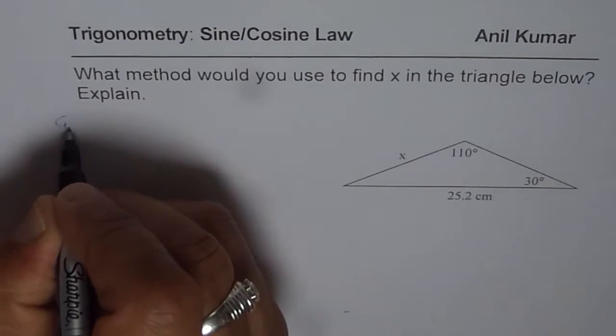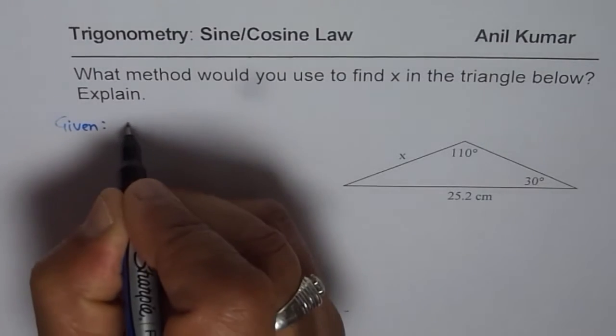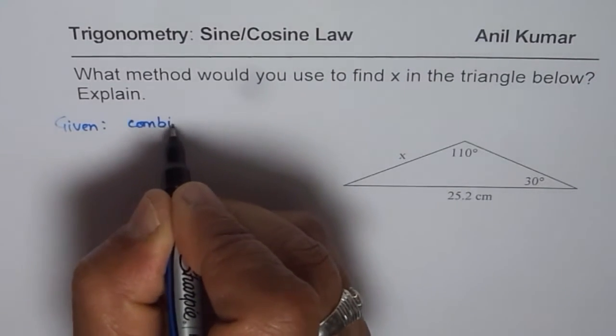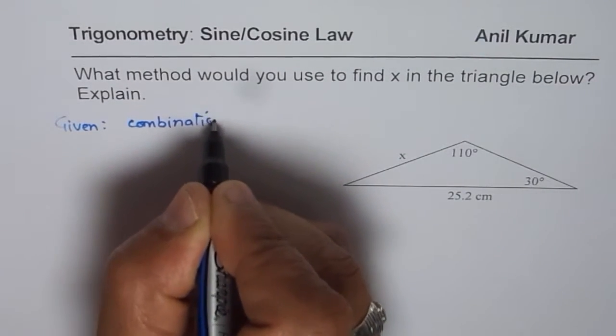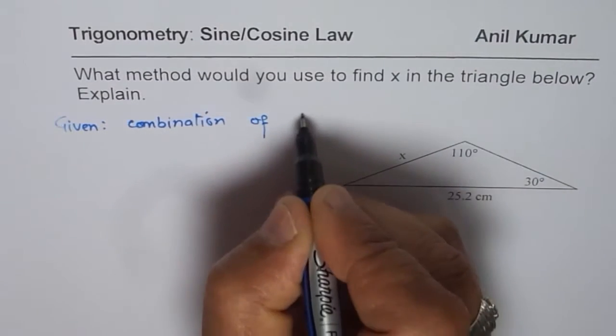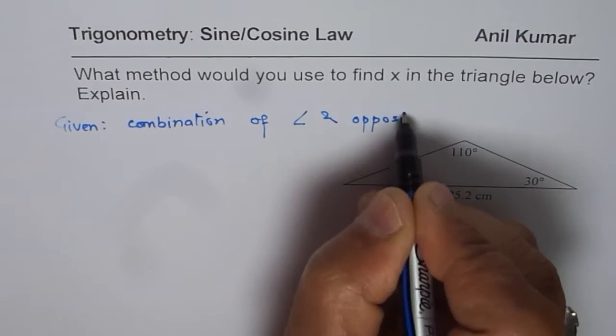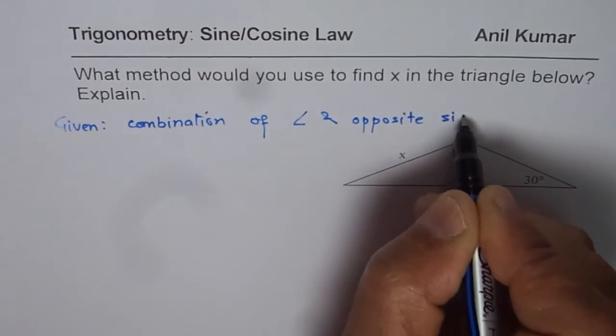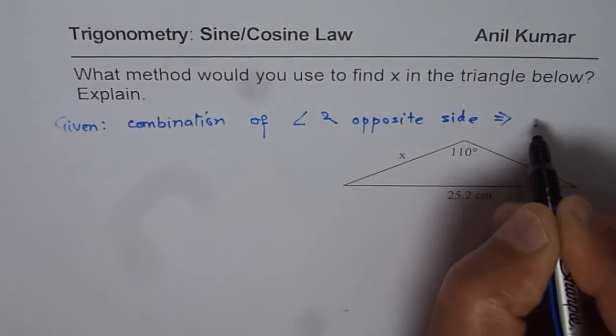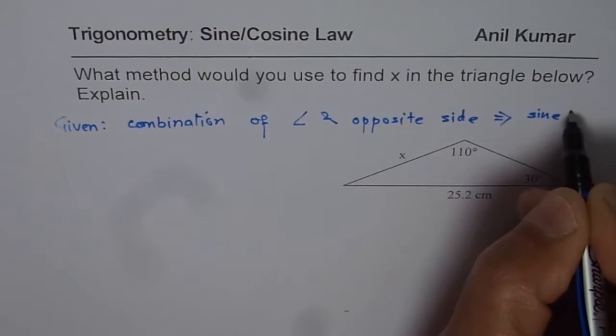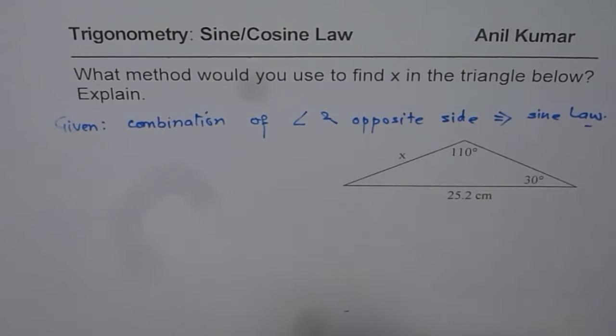So what we are given is a combination of angle and opposite side. So if that is given, you should use sine law. Okay, so you should use sine law whenever you have a combination, right? So that is the key thing.